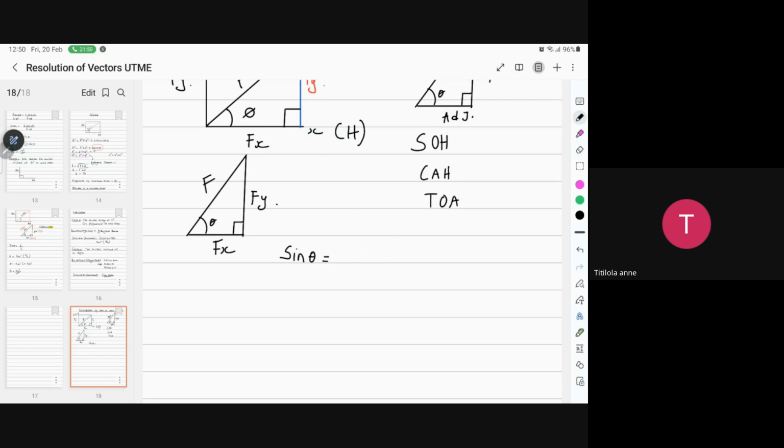So opposite is Fy, and your hypotenuse is F. Therefore, if you cross multiply, you have that Fy is F sine theta.